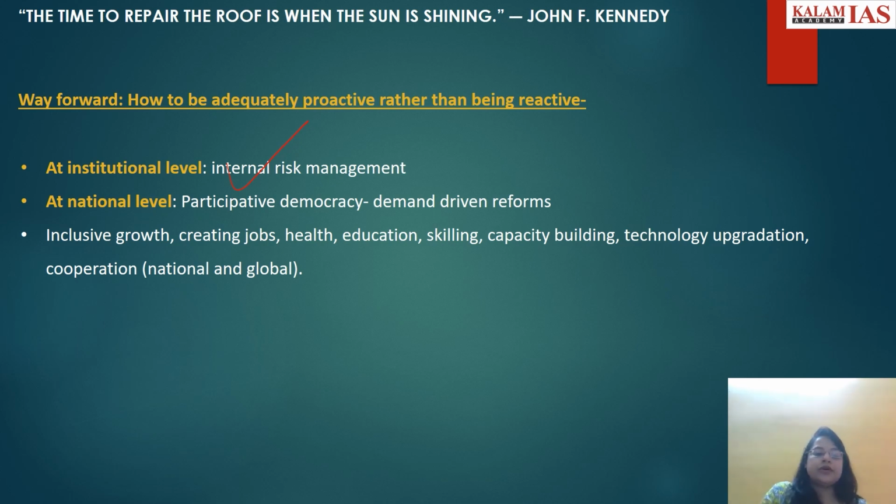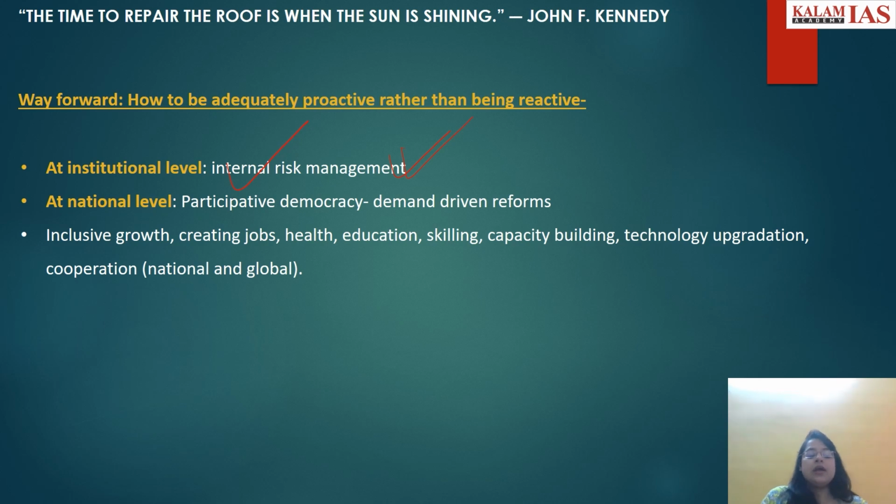Okay, so you can talk of internal risk management as a proactive measure. Then at the national level, you can talk of participative democracy and how you should be taking care of demand-driven reforms, how you should be taking care of societal demands, societal needs proactively in order to avoid any unforeseen circumstance, catastrophe.